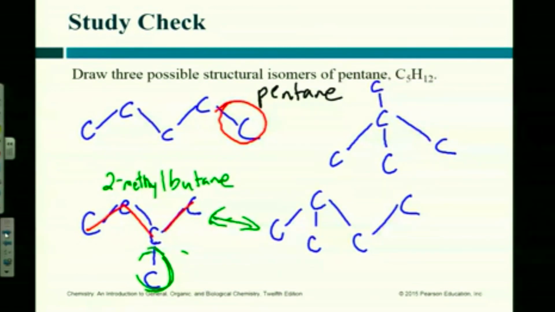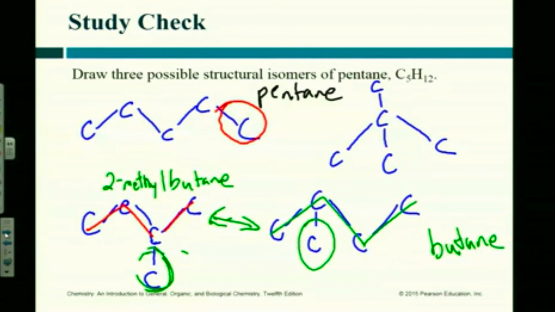Let's look at this one over here. Still only 4 carbons, so this is butane, and I had this sticking off. This is still 2-methylbutane. You say, no, Dr. Powell, that methyl group is on a different carbon.